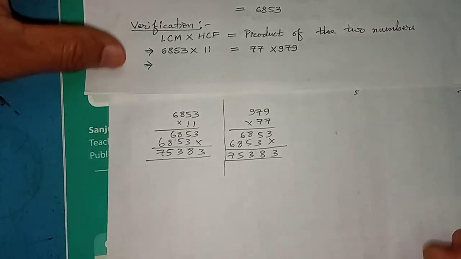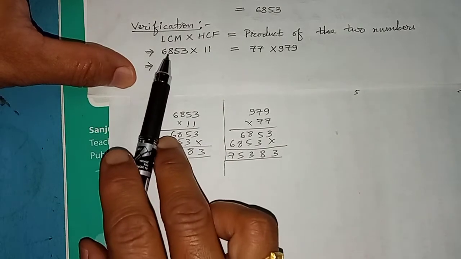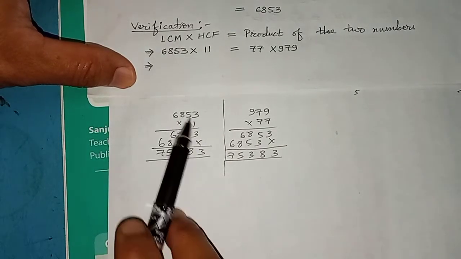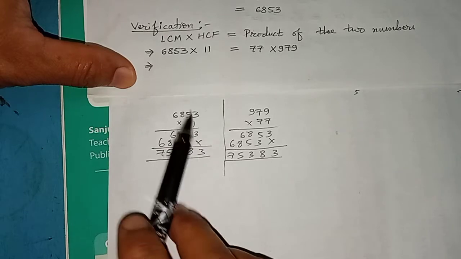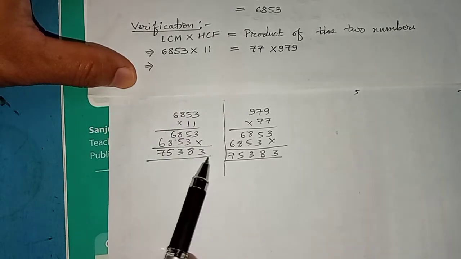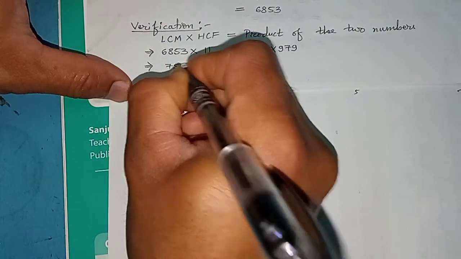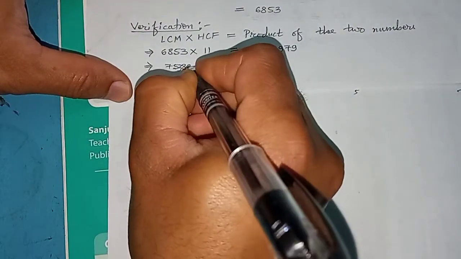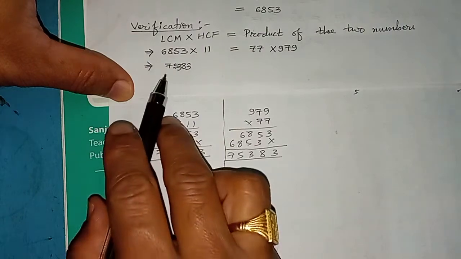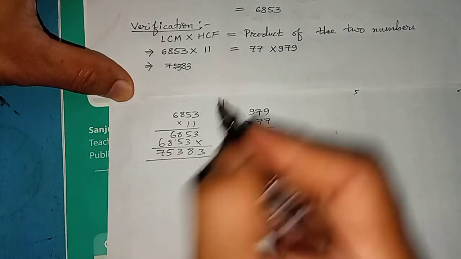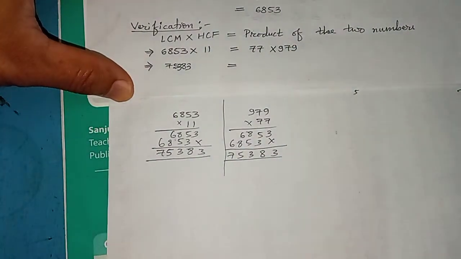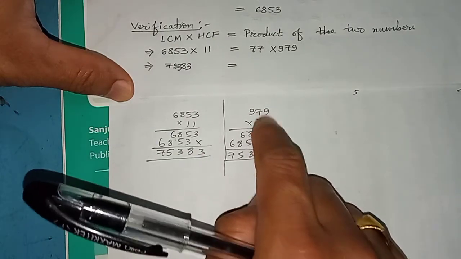Students, you can see that I've multiplied 6853 into 11, that is, I've multiplied the LCM and HCF. The product is coming 75,383. And here I'm multiplying the two given numbers.